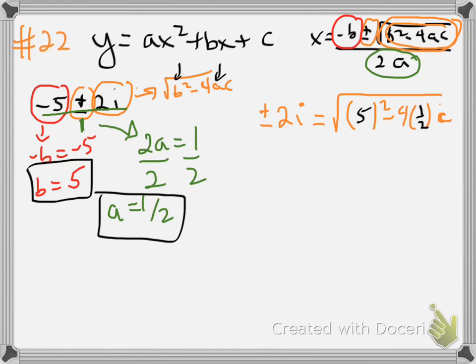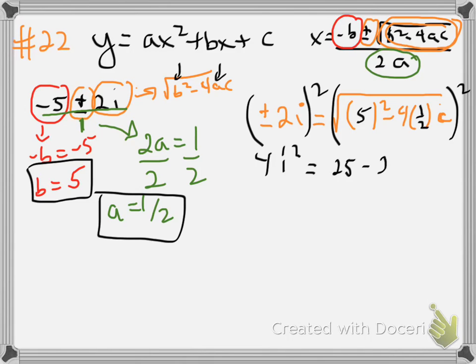Well, I don't like this square root here, so I'm going to square both sides. And I'm also going to simplify. So that's going to be 4i squared equals the square root, it's no square root anymore because we squared, that's why we squared it. We get 25 minus half of 4 is 2, and then you've got the c there.